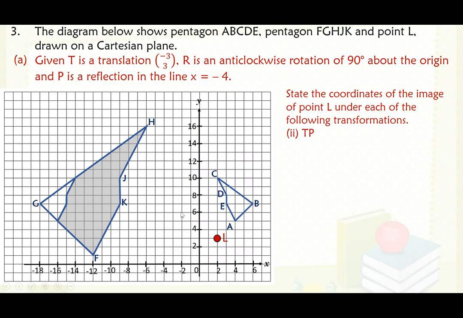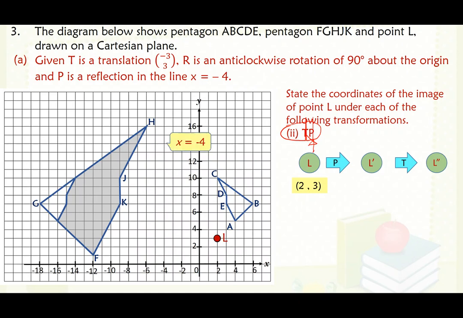Go to 2. The L will go to transformation TP. L go to L prime is P. Start from the back 从后面开始，所以是 P and followed by T. P is, what is P? P is the reflection at the line x equal to -4.